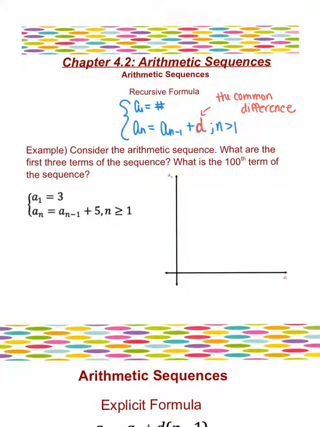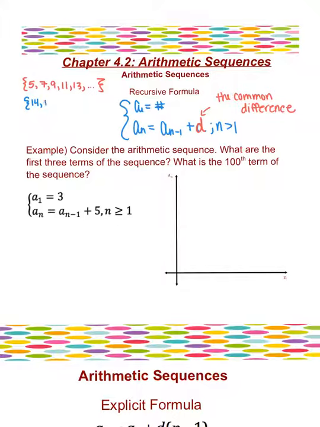An example of an arithmetic sequence might be, let's start with 5. Let's say my common difference is 2. That would mean I'm adding 2 to every previous term. So I'd have 7, 9, 11, 13. That's an example of an arithmetic sequence. Or maybe let's start with 14, and let's subtract 3 every time.